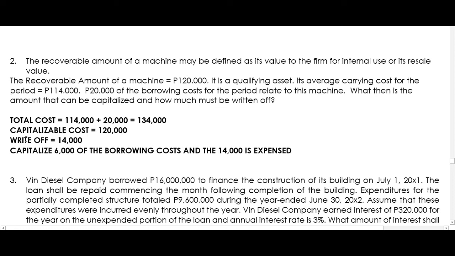So in that case, if the recoverable amount is only 120, which is the only amount that can be maintained in the capitalization of the asset, then the remaining will be written off. Yun na yung 14,000. Okay, therefore, ang summary natin dyan, we will only capitalize 6,000 of the borrowing cost out of the total 20,000 and the 14,000 will be expensed. Okay, so ganun lang yung gagawin natin dyan.